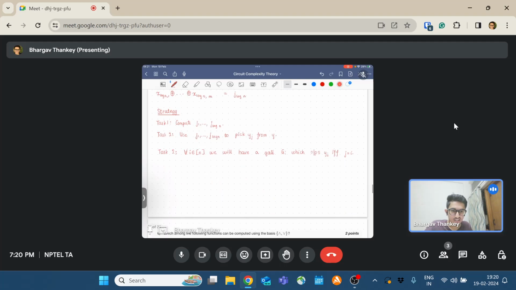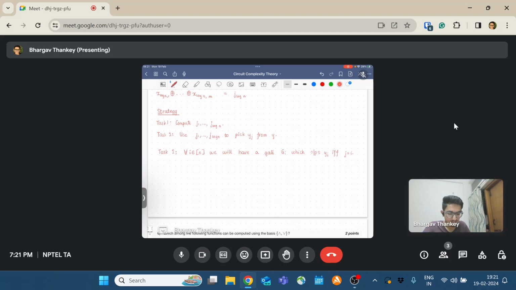J is our index string. So now we have many gates, like y1 to yn, and when our index string is j, we are going to pick the jth element of it. And if we OR all of this, we get our function.